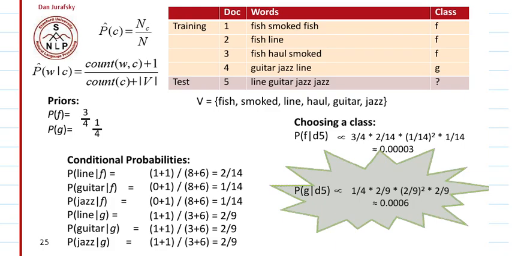This is the same kind of example that we did in the naive Bayes example. We have the line as the target word.